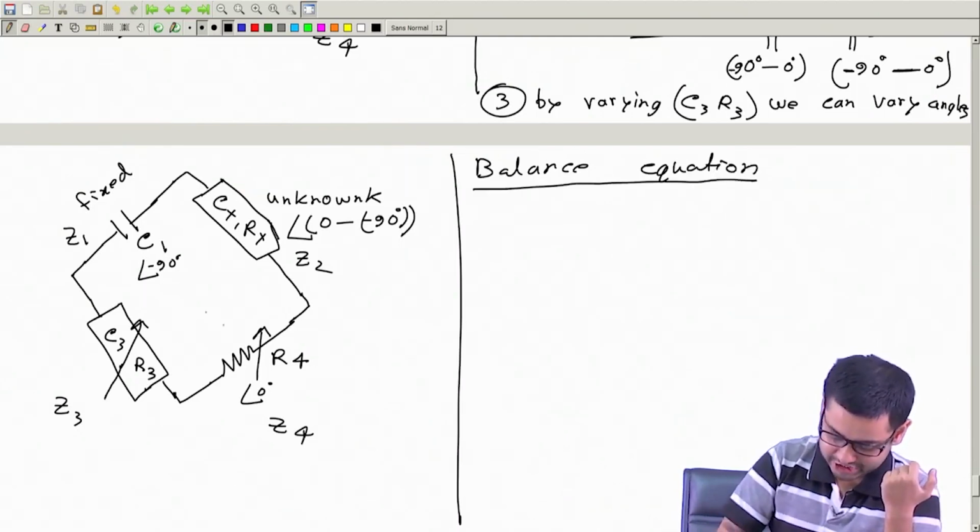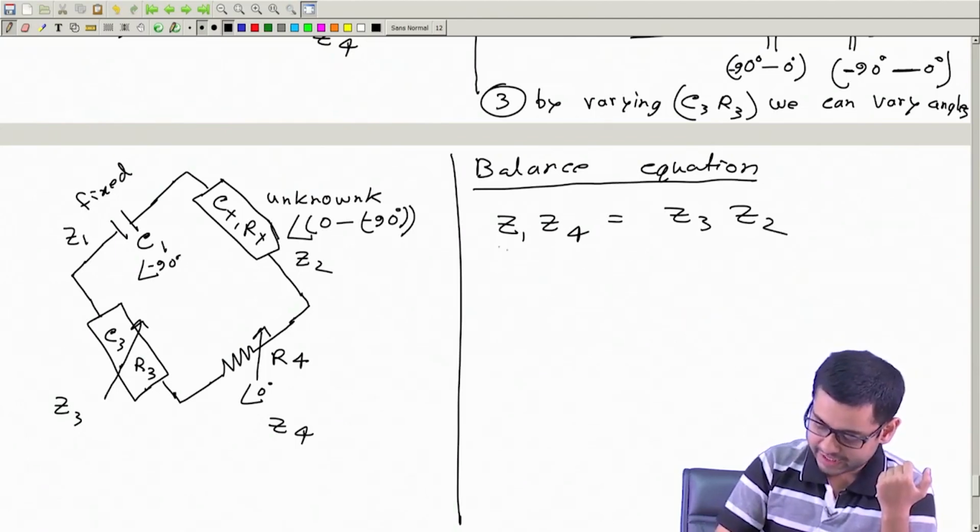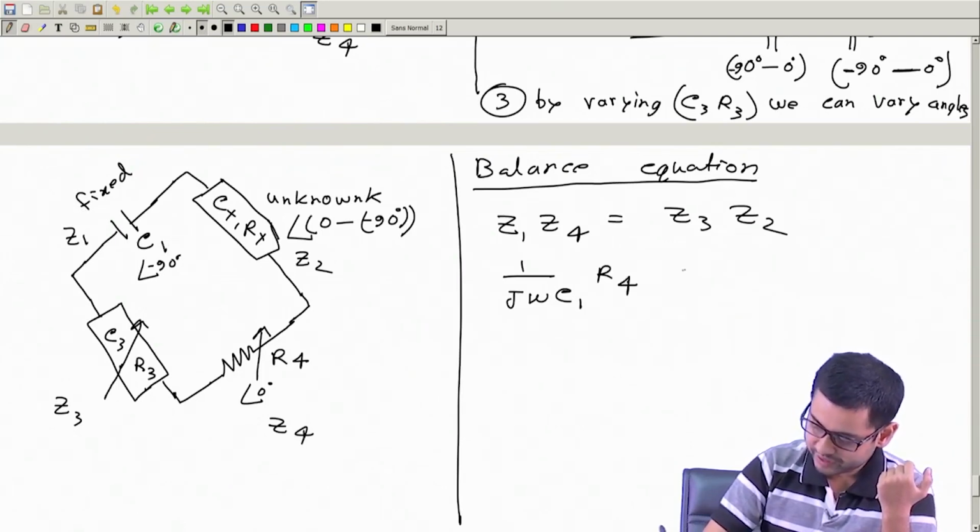What can we write? We can write Z1 Z4 same as Z3 Z2. Z2 is the unknown, and Z1 Z4 is equal to 1 by j omega C1 multiplied by R4.